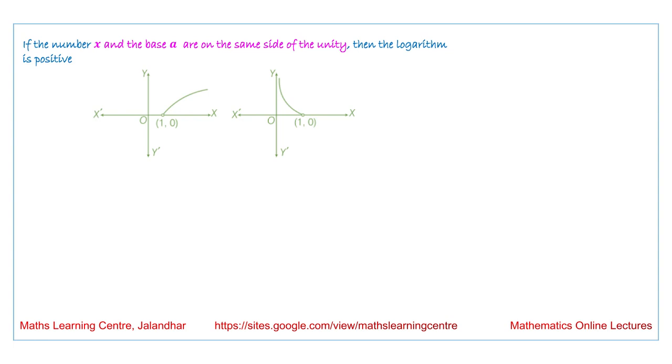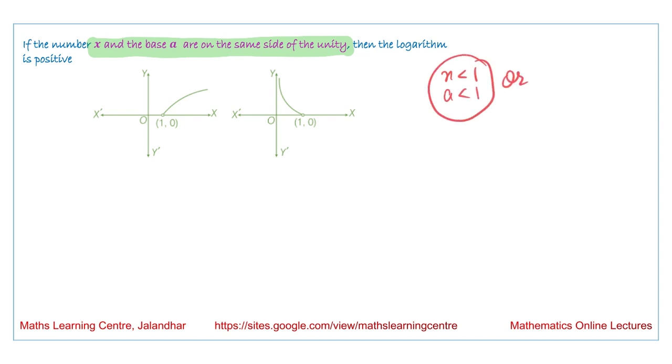Next is if the number x and the base a are on the same side of unity. On the same side of unity means either the condition we have is x is less than 1 and a is less than 1, or we have the condition x is greater than 1 and a is greater than 1.